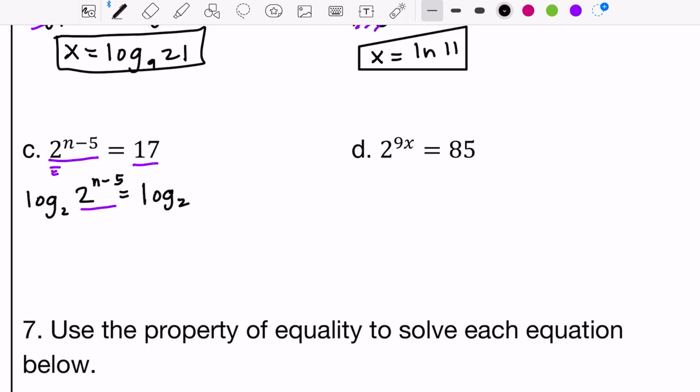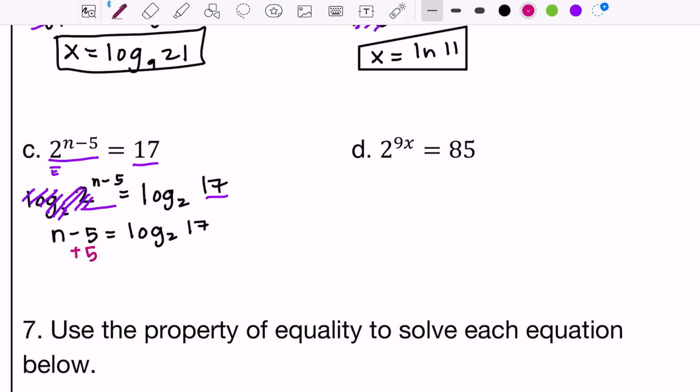So then 17 ends up here. And you can see that there's a log base 2 of both sides. That's nice because this log with a base 2 undoes that exponential with a base 2. So then I have m minus 5 equals log base 2 of 17.